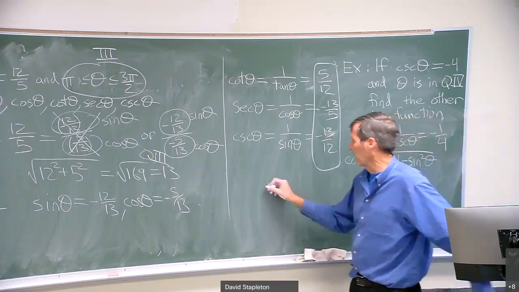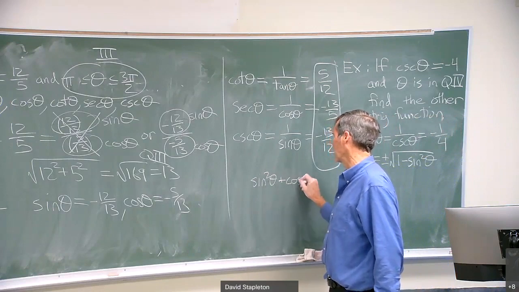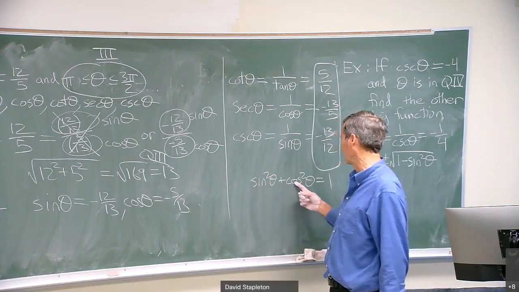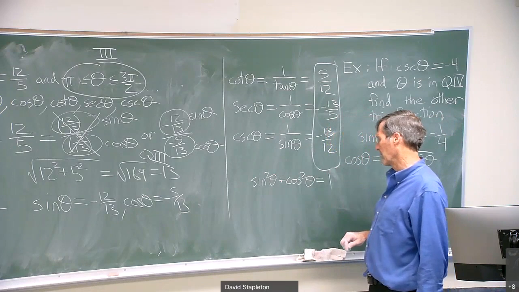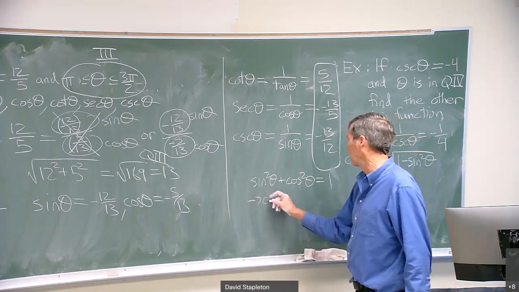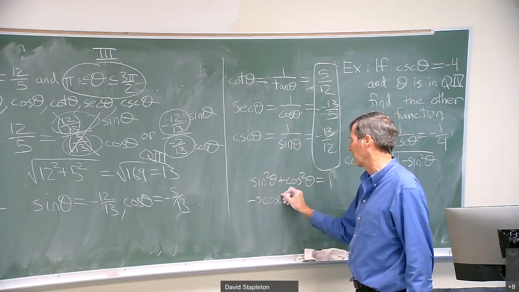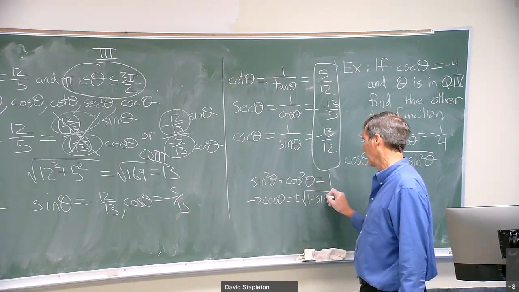The Pythagorean identity, just to remind you, was this: sine squared plus cosine squared equals 1. We derived it with the Pythagorean theorem, so it looks like the Pythagorean theorem: a squared plus b squared equals c squared. It came out of the Pythagorean theorem in the unit circle. Solved for cosine, by subtracting sine squared over here and taking the square root, cosine is plus or minus the square root of 1 minus sine squared.